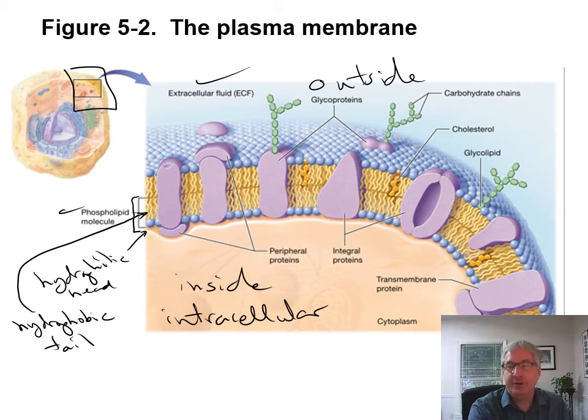Well, all these proteins are integral membrane proteins. All of them are transmembrane, except for this guy over here. This guy doesn't go all the way across the membrane. And then you have, so this is a transmembrane, this is transmembrane, this is transmembrane, this is transmembrane here, and this is transmembrane here. Okay, they're all transmembrane proteins.